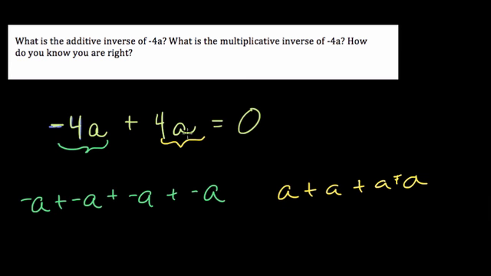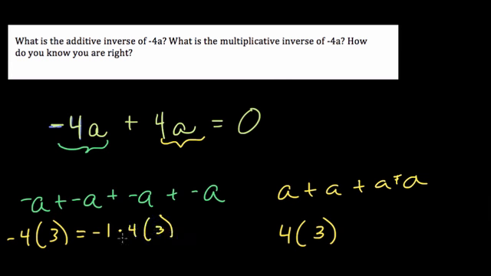And if you're stuck as to why that's true, think about numerical examples. If I said 4 times 3 versus negative 4 times 3, you might think it's negative 4 times 3. You can pull that negative sign out, negative 1 times 4 times 3. Use the commutative property, and we get 4 times negative 1 times 3, which is 4 times negative 3.